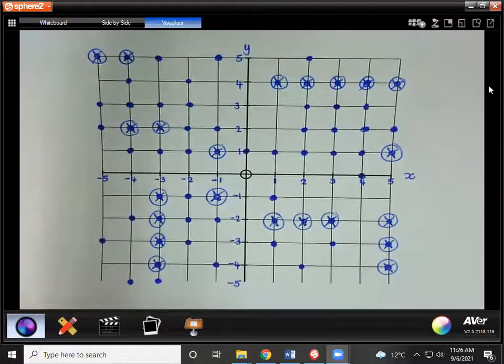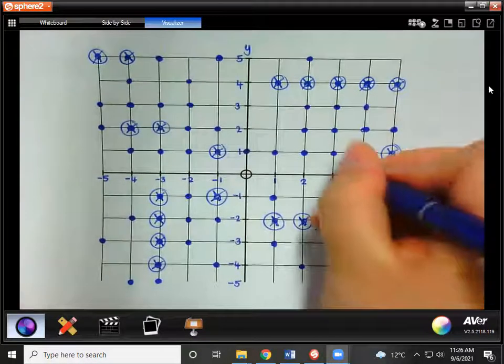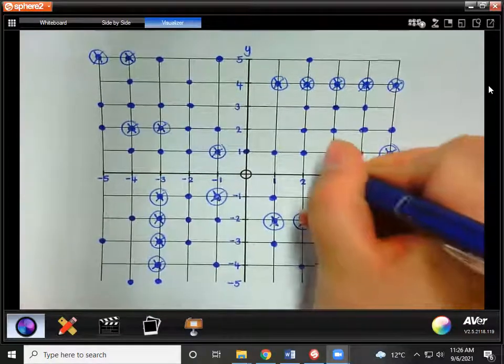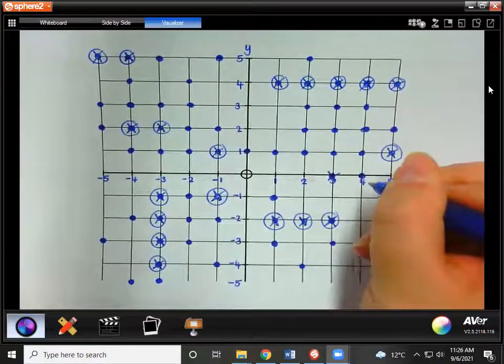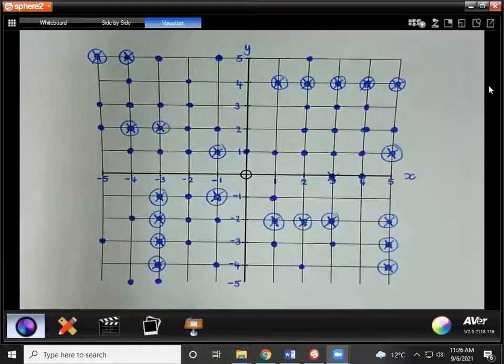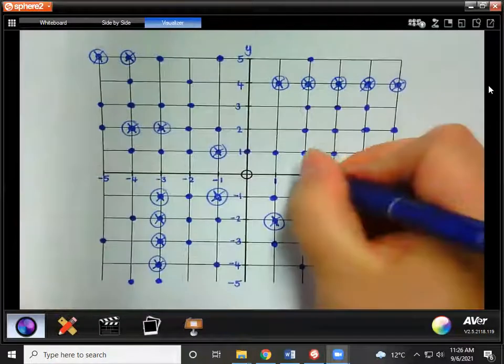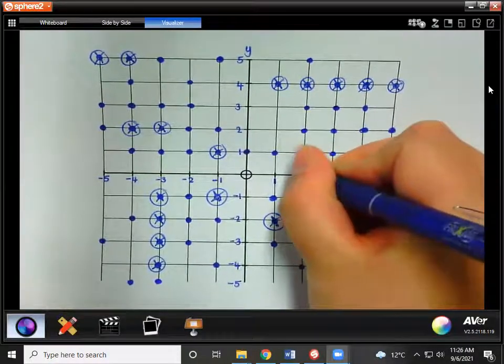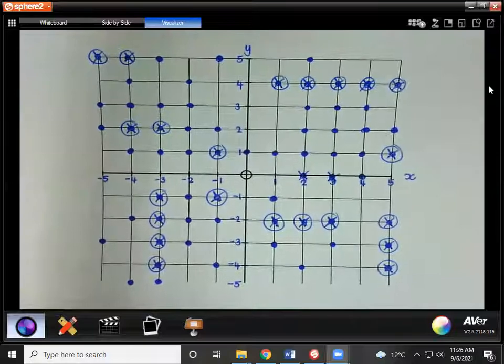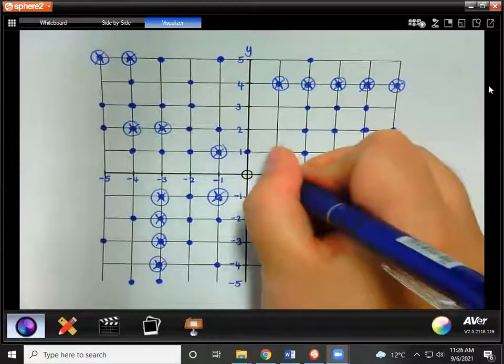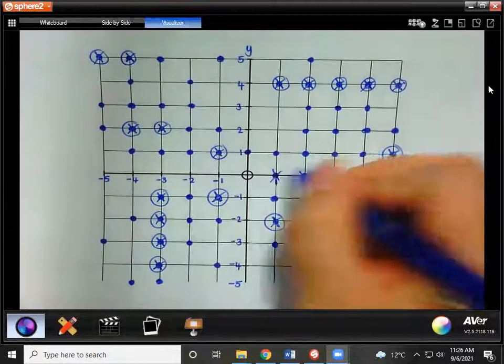Sipe? 3-0. Hit, and that is a cruiser, so it's a 3.1. Kirsty, 2-0, hit, cruiser. Nikita, 1-0, hit, cruiser. There we go.